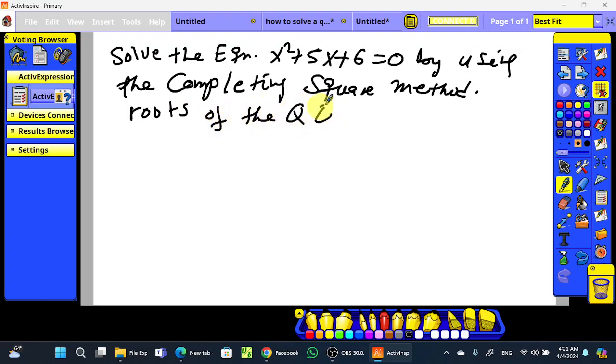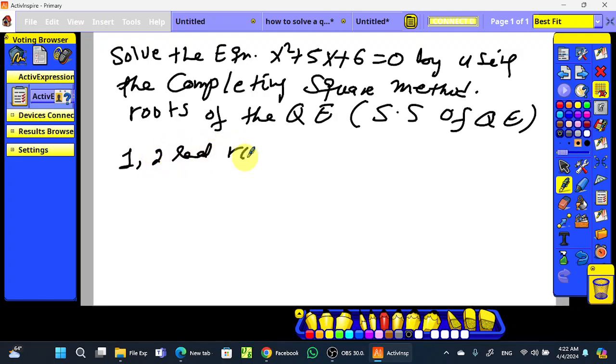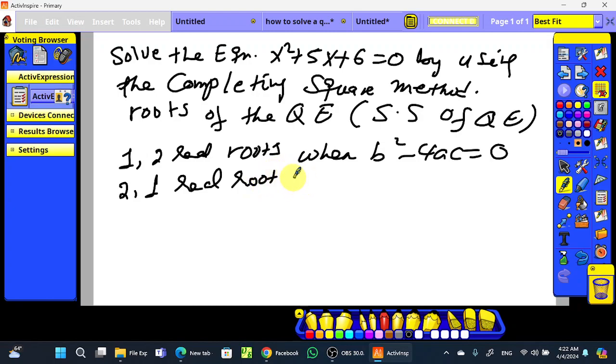A quadratic equation will have two real roots when b squared minus 4ac is greater than 0, and one real root when b squared minus 4ac is equal to 0.